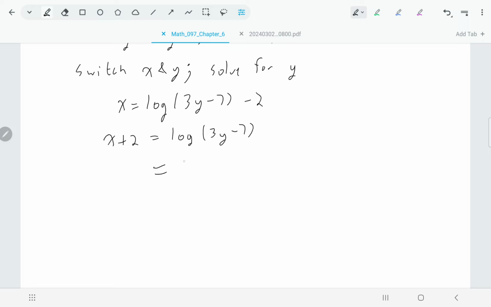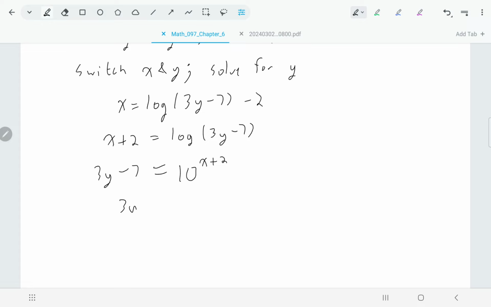So now that I have a single log with base 10, then I can rewrite that right side as an exponential function base 10, swapping my inputs and my outputs. So instead of x plus 2 being the output for a log, x plus 2 becomes the input for my exponential function. And instead of 3y minus 7 being the input for my log, 3y minus 7 becomes the output for my exponential function.